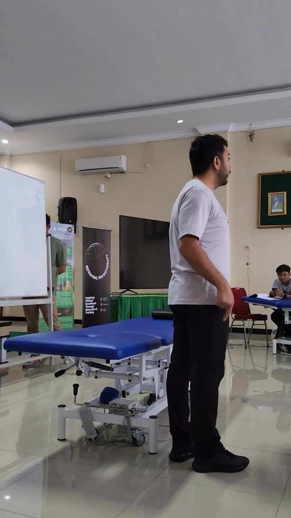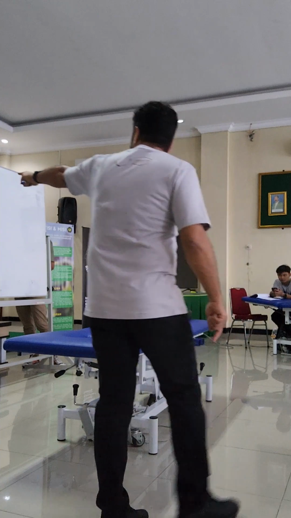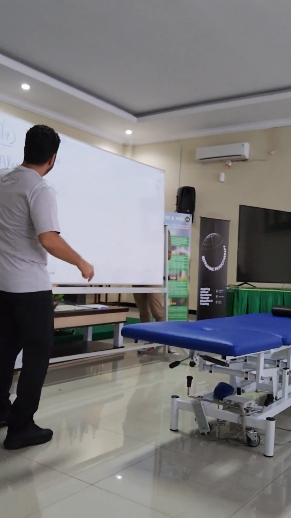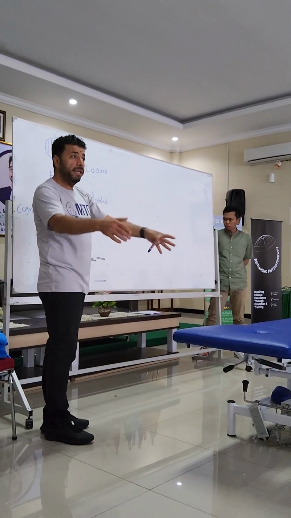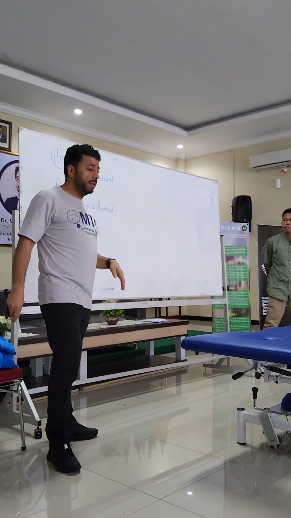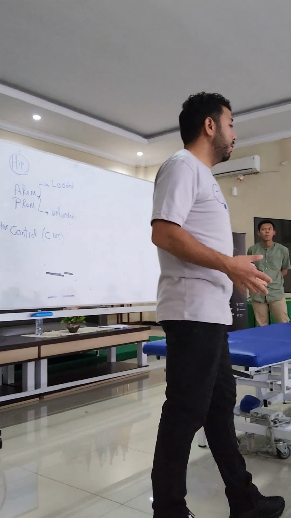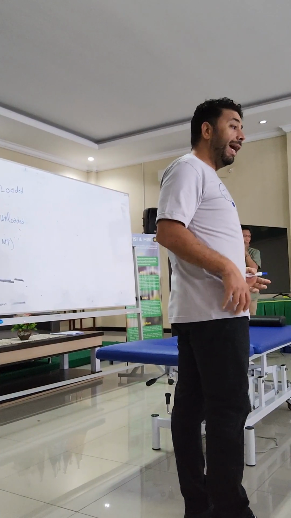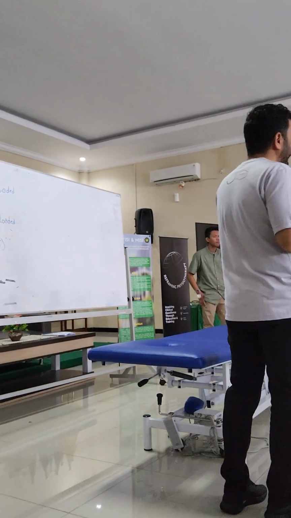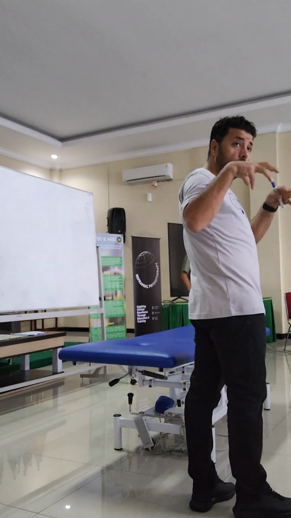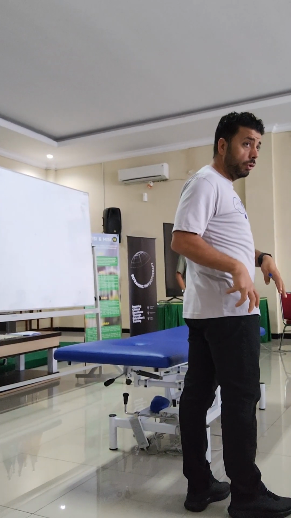No, non-weight-bearing. That's why here we do the active range and the passive range in loaded, weight-bearing, and unloaded. But if the patient's symptoms are not severe, not irritable, and not with weight-bearing, I can assess the active and passive range in loaded or weight-bearing position.